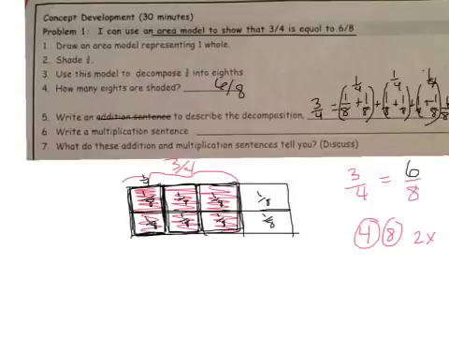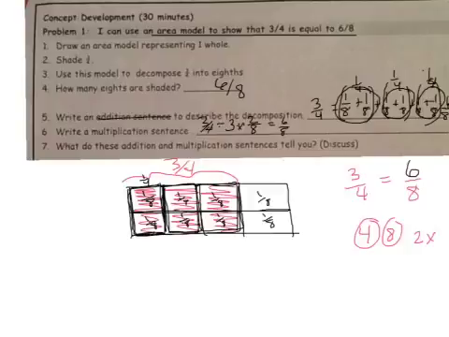So we could say as a multiplication sentence, 3/4 equals 3 times 2/8, because I have one group of 2/8, two groups of 2/8, three groups of 2/8. And I could say that equals 6/8, because 3 times 2 is 6.